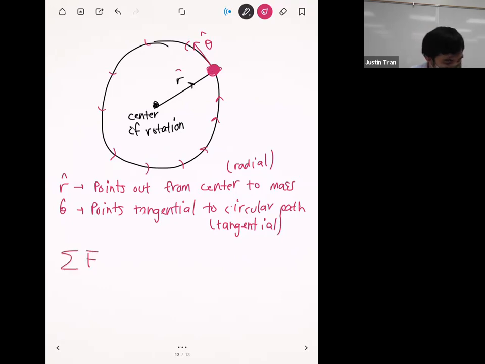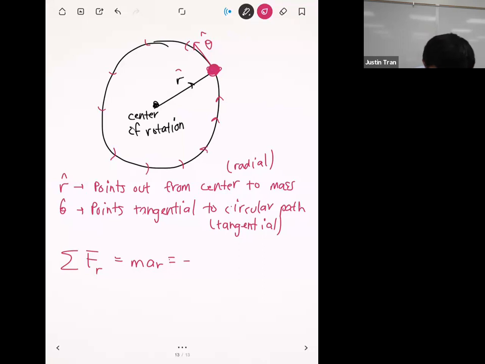But instead of summing the forces in the X and Y direction, which is what we've done before, in angular motion we're going to sum the forces in the radial direction. The sum of the forces in the radial direction is going to be the mass times the radial acceleration, for which we have an expression.